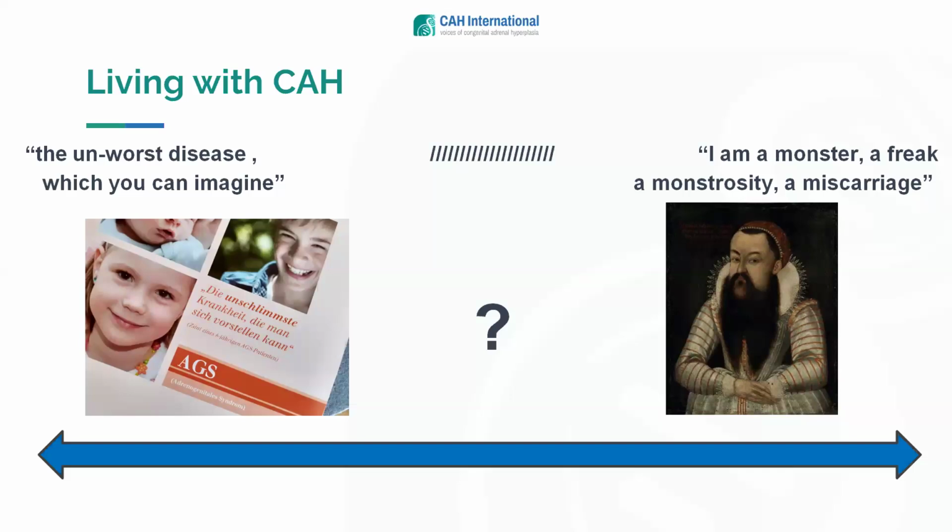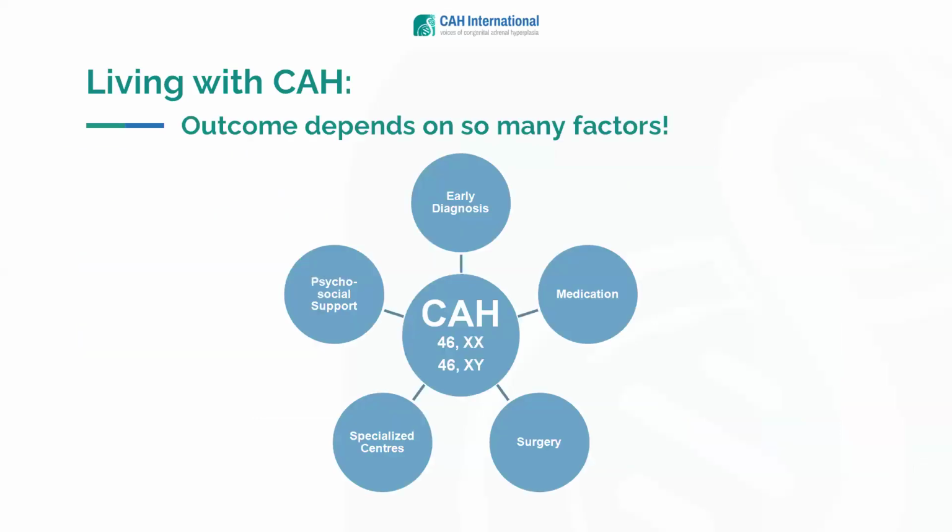And we have those two extremes in living with CAH here in Europe, in our countries. Over the years, in working with and getting to know lots of families with CAH, women with CAH, I found out all the factors that determine the outcome, the quality of life, how you can live with CAH.